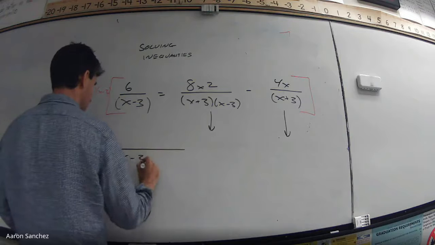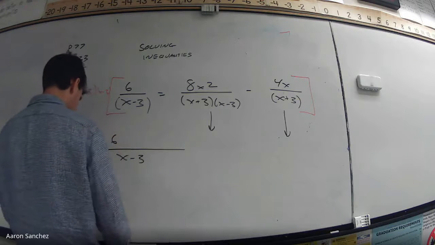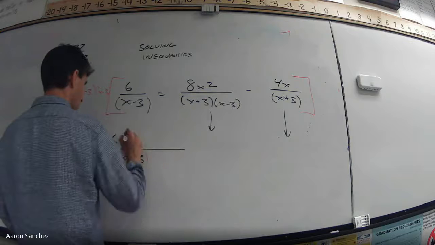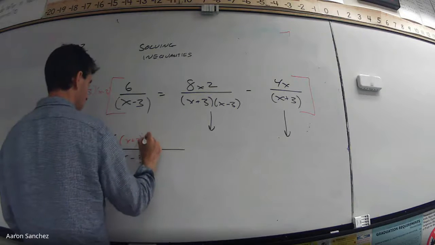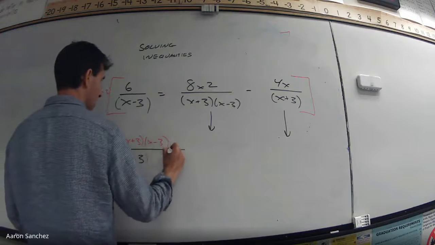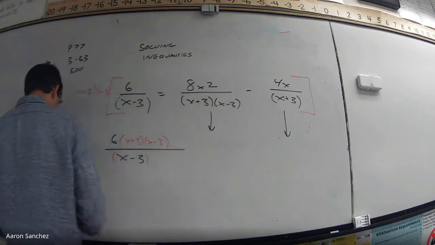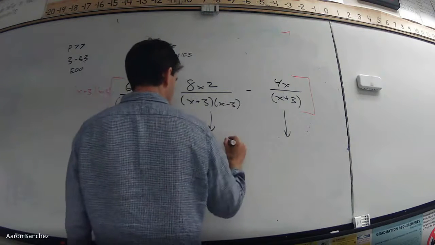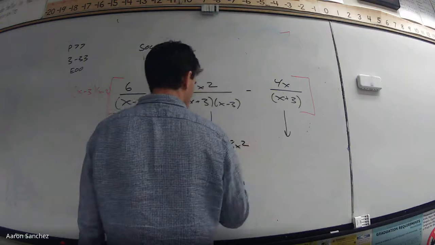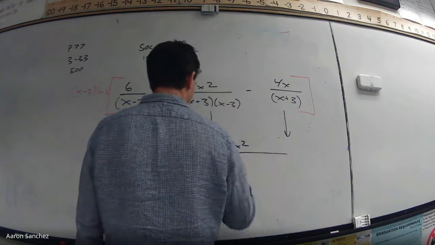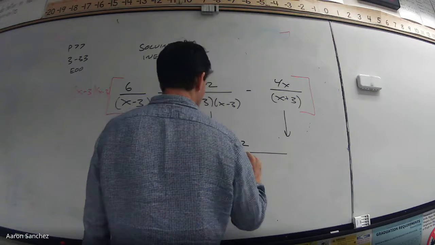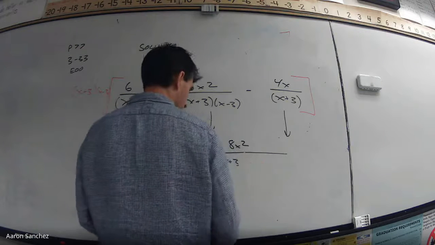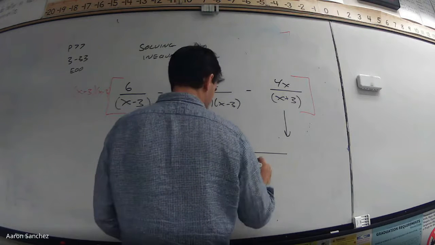x minus 3, 6 times x plus 3 times x minus 3 equals 8x squared all over x plus 3 times x minus 3.